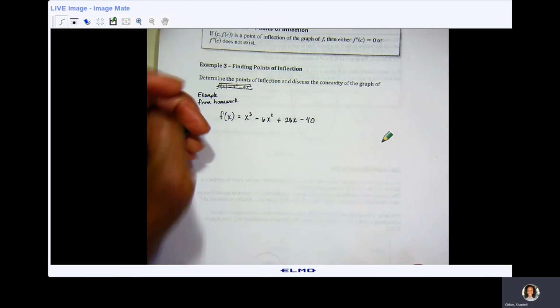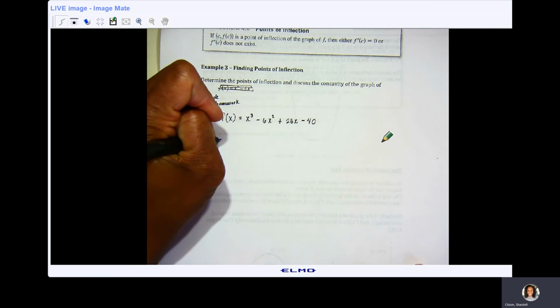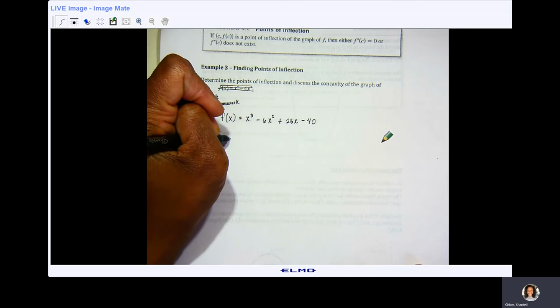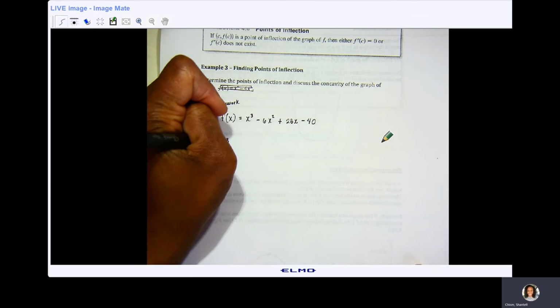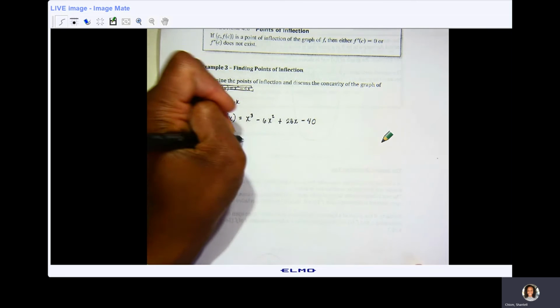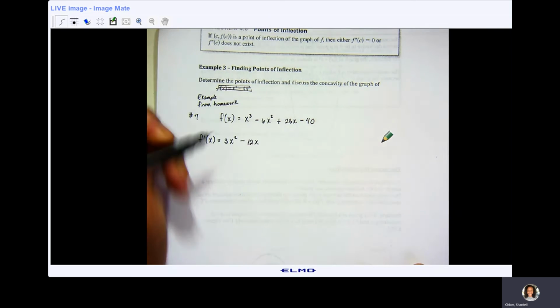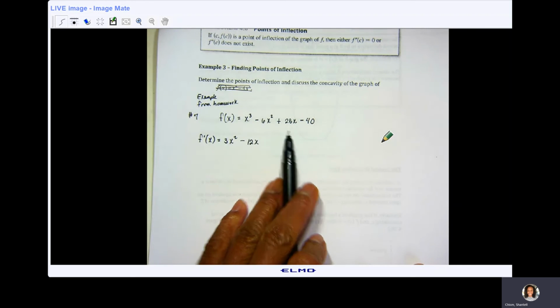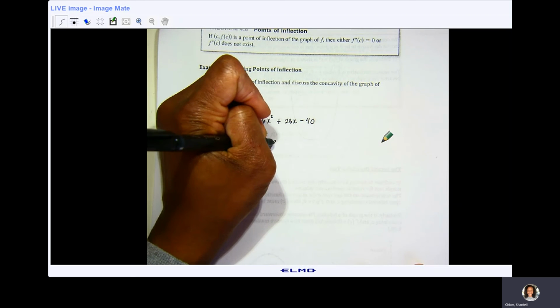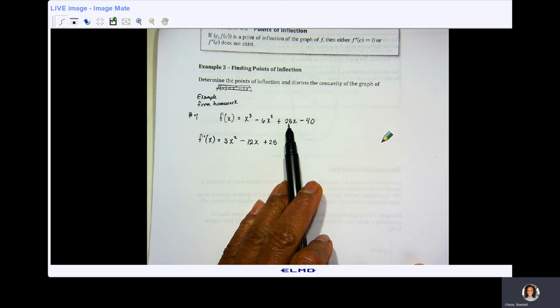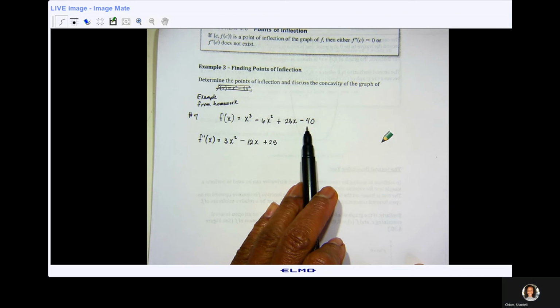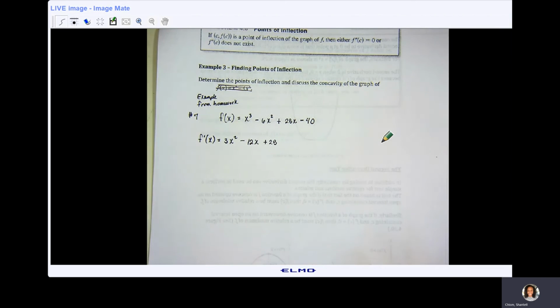Okay? All right, so we're going to find the first derivative, and that is bring down the 3, x squared, bring down the 2, that becomes 12, because it'll multiply with the 6, x, and then this becomes plus 28, because the derivative of 28x is 28, and the derivative of the constant just drops off.